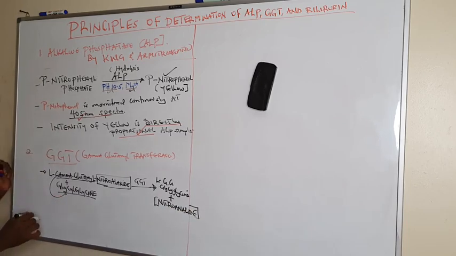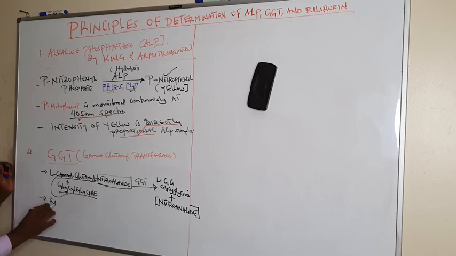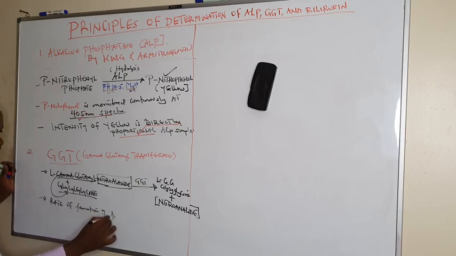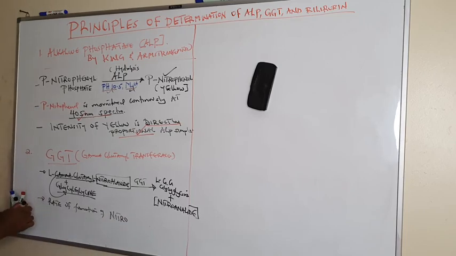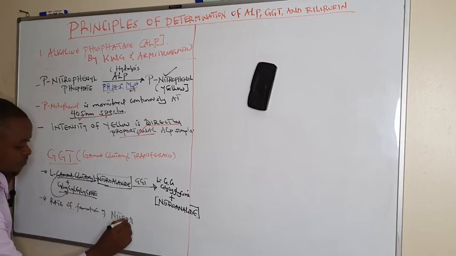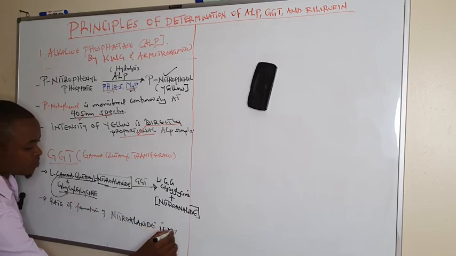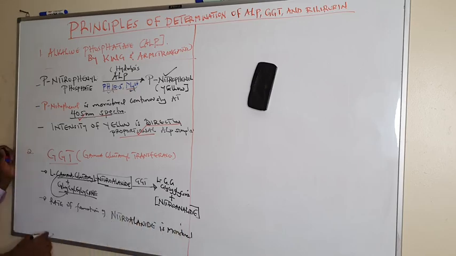So we're going to see the rate of formation. We are going to monitor the rate of formation of p-nitroanilide continuously at 405 nanometer wavelength, spectrophotometrically, or you can use colorimetrically.